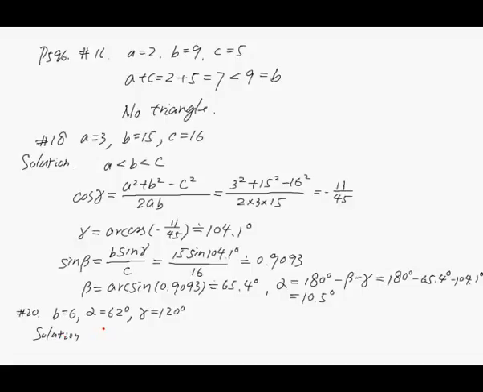But right now, alpha plus gamma, just these two angles, is equal to 182 degrees, which is greater than 180 degrees. Where can you find the position for beta? So this is impossible. So there is no triangle.